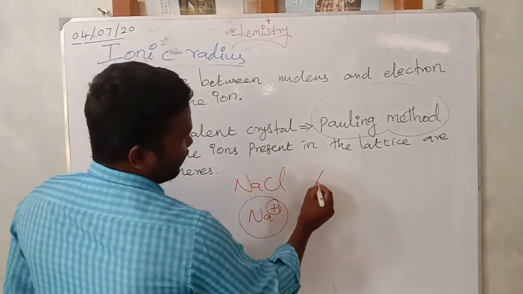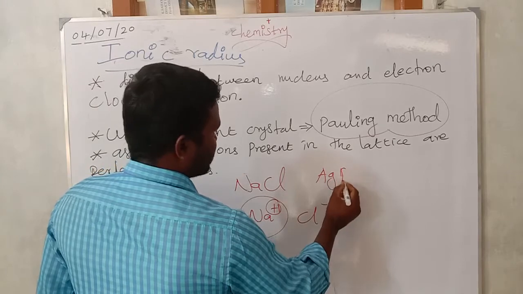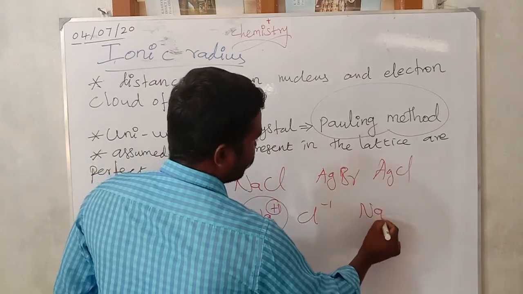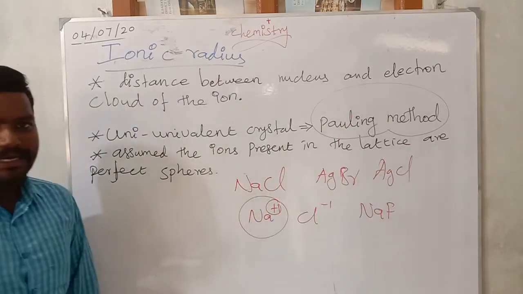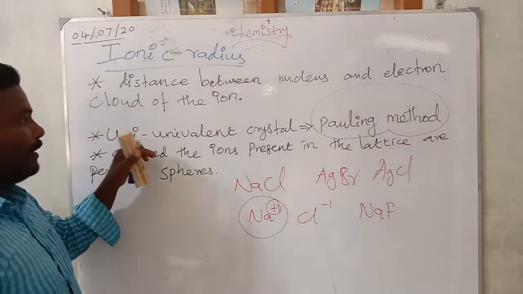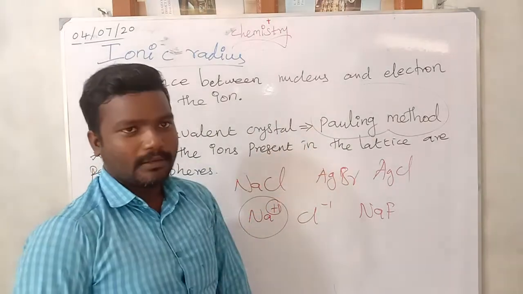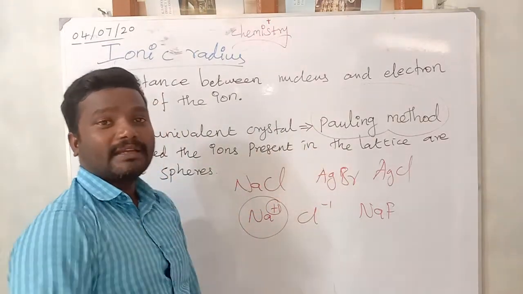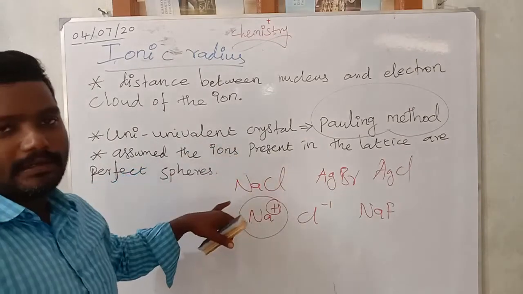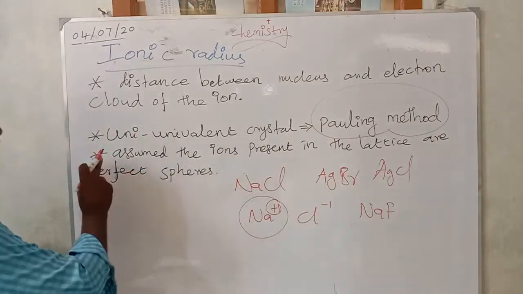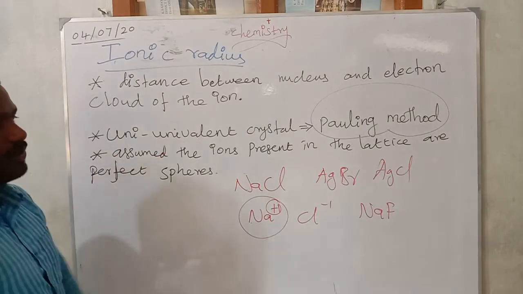Sodium chloride. We can write some more examples: silver bromide, silver chloride, sodium fluoride. Likewise, we can write many examples for univalent crystals. According to the Pauling method, for univalent crystals, we are going to find the ionic radius of the ions.